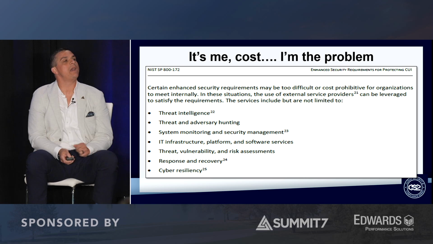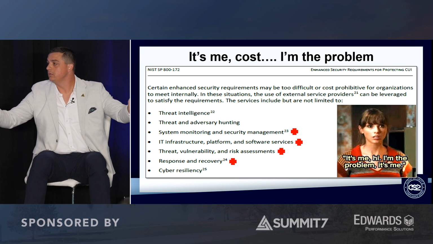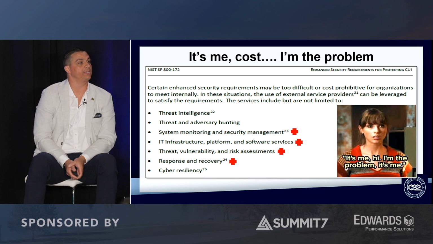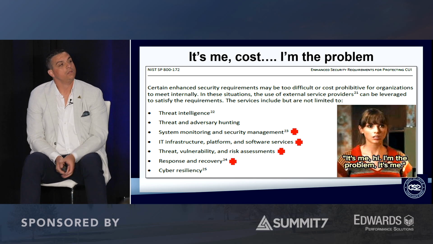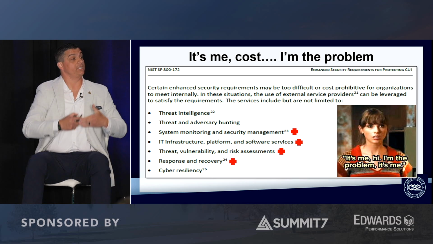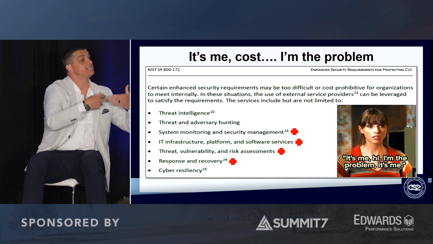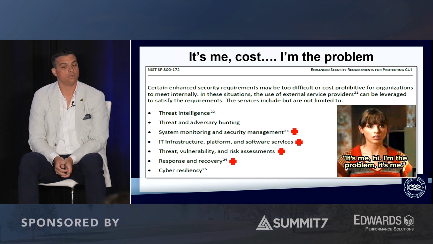But let's look at how many of these things actually tie in and would be redundant work. We like to eliminate the redundant work and the use of resources when we don't have to. There's not a lot of them laying around. These four things are already things that 172 is telling you that you need specialized people to do because they are specialized skill sets. You need to hire the pros.